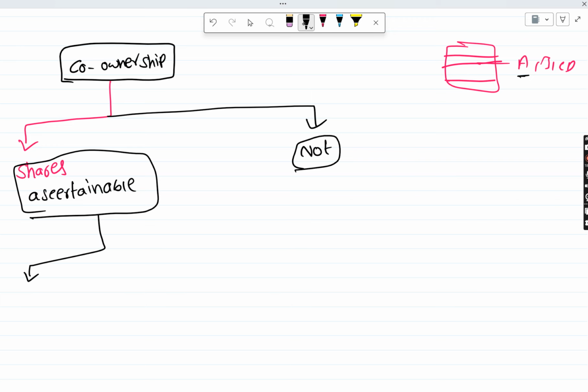After that, check whether it is a let out property or a self occupied property.